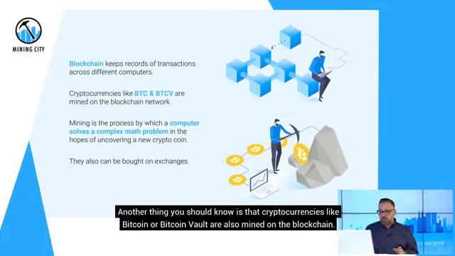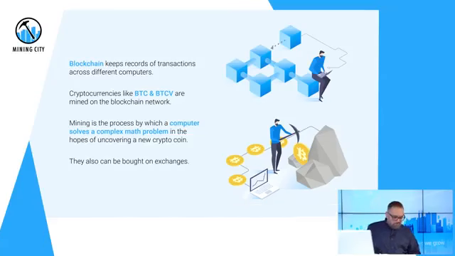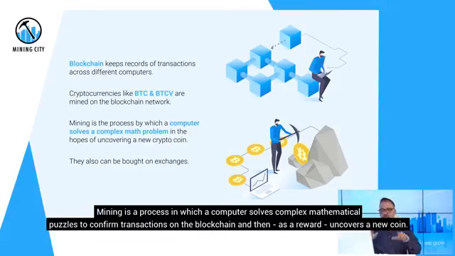Another thing you should know is that cryptocurrencies like Bitcoin or Bitcoin Vault are also mined on blockchain. Now, mining is a process in which a computer solves complex mathematical puzzles in order to confirm transactions on the blockchain. And then, as a reward, that computer uncovers a new coin.